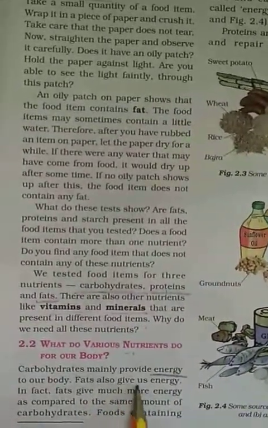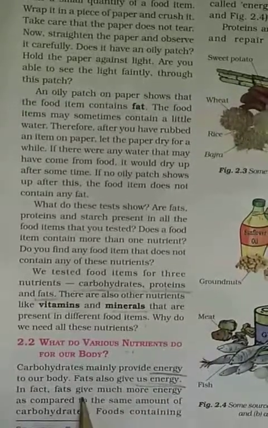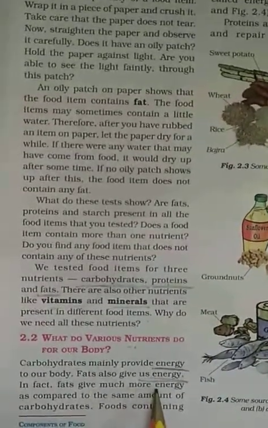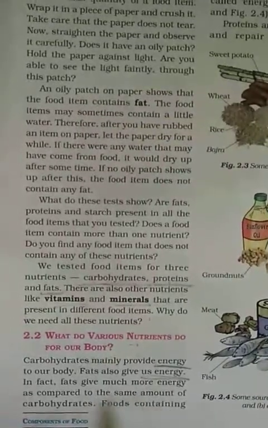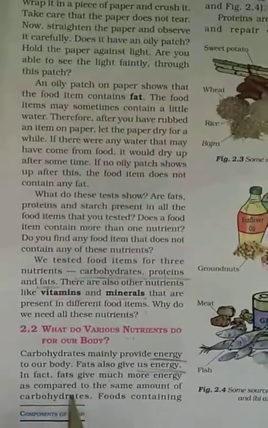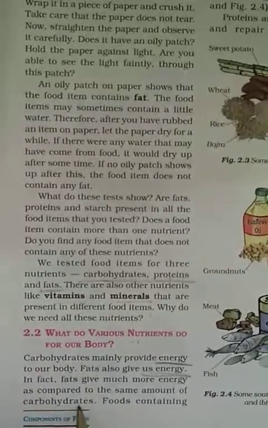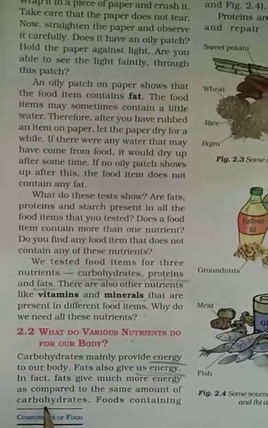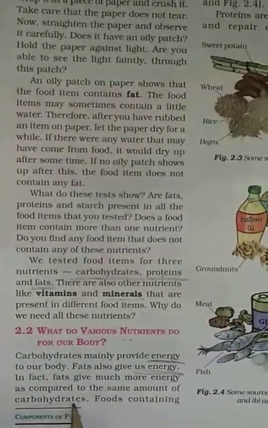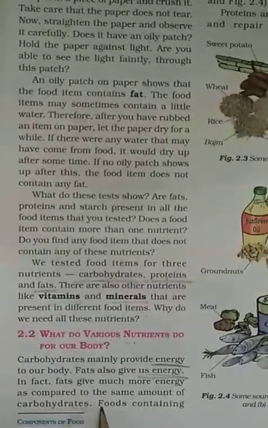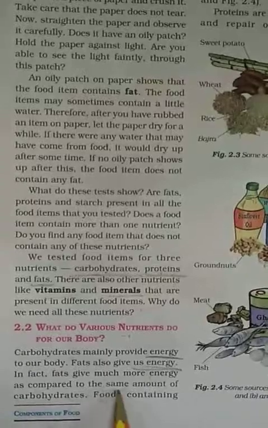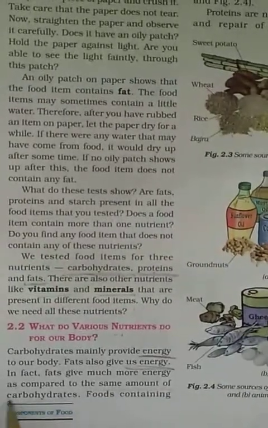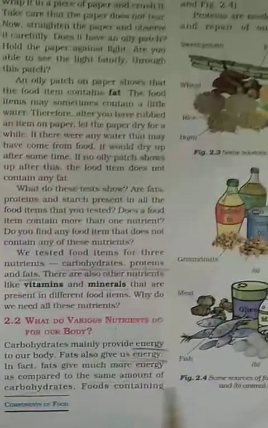Fat also gives us energy. Fat gives much more energy compared to the same amount of carbohydrates. If you take 1 bowl of grains which contain carbohydrates, and 1 bowl of ghee which contains fat, you will get more energy from the ghee compared to carbohydrates.